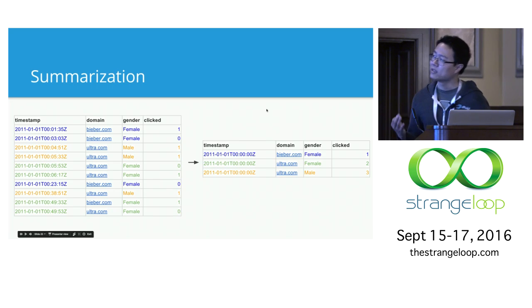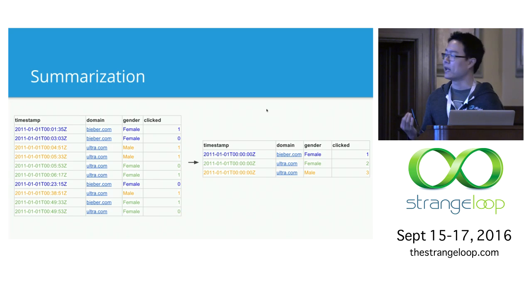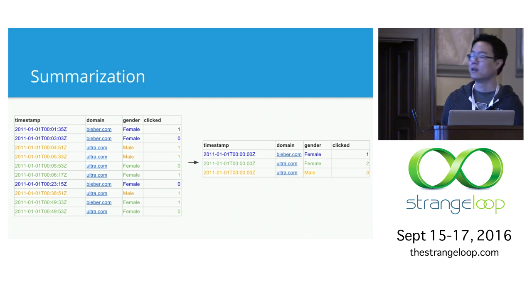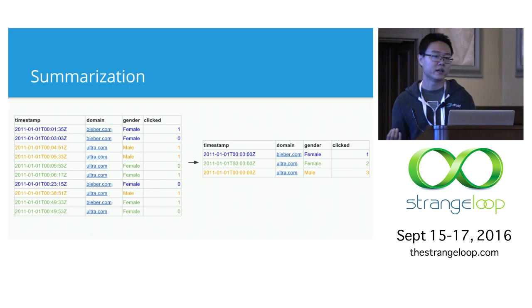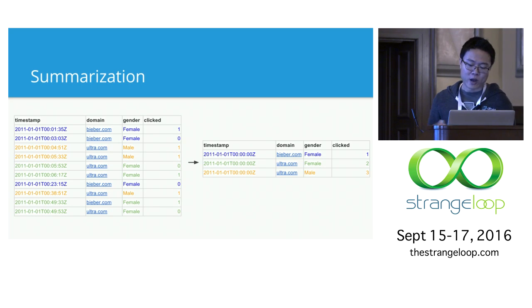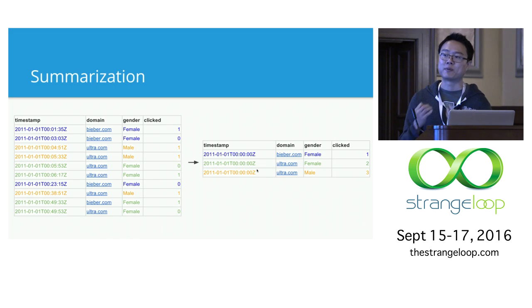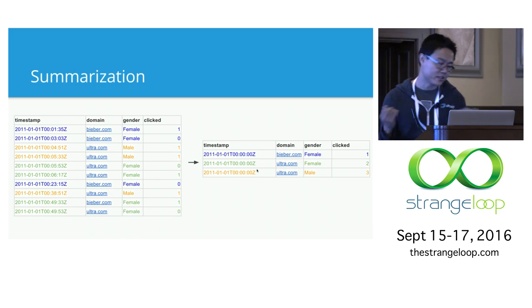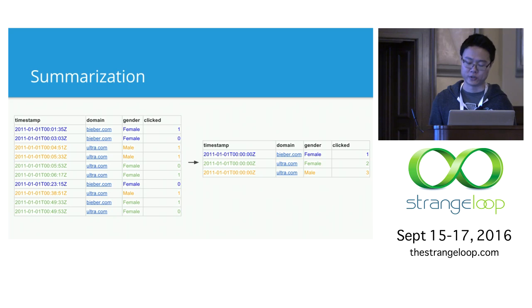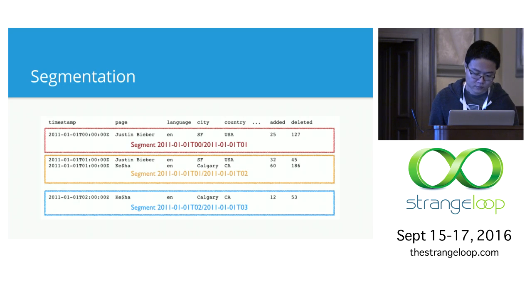And in practice, when you start doing this with real-world data, you can easily reduce the data you have to store by 40 or 100 times from your raw data set. And this is significant cost savings in terms of storage. And you haven't lost any fidelity about the data. These numbers here are exactly accurate. But what you've lost is the ability to explore events at a precise millisecond in time. And this is a trade-off that you can optionally do in Druid.